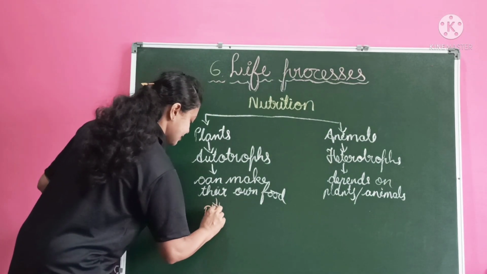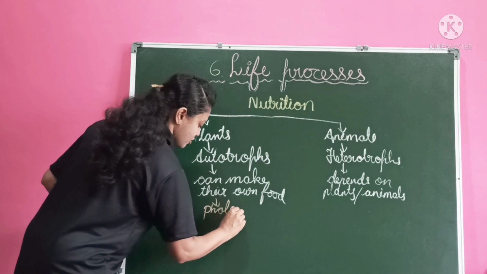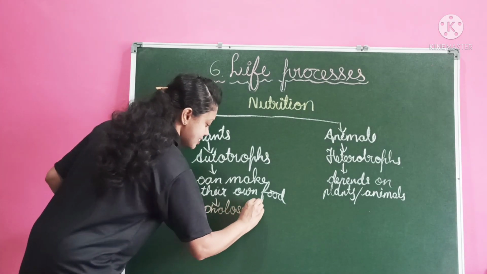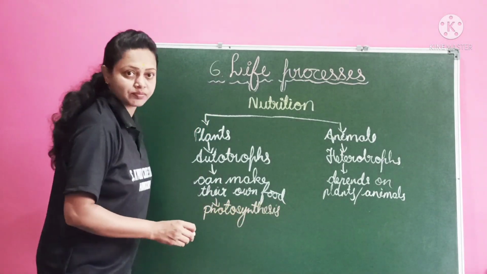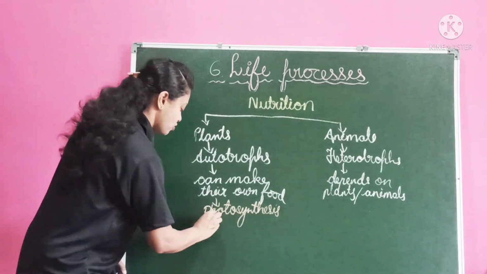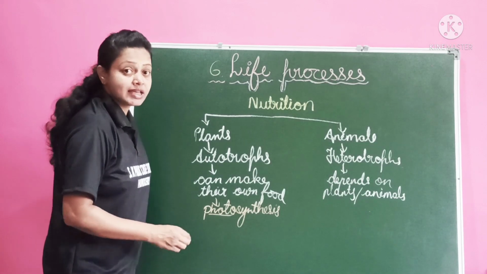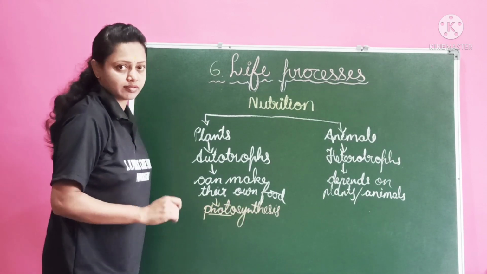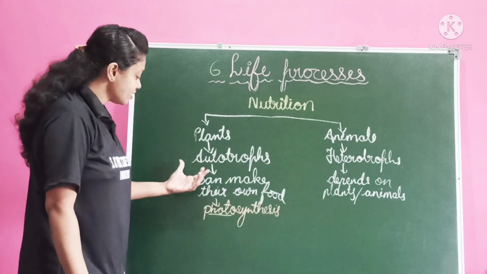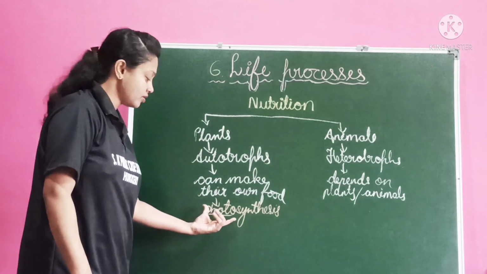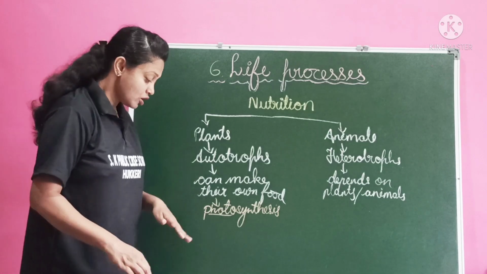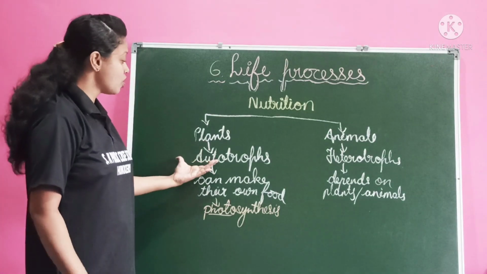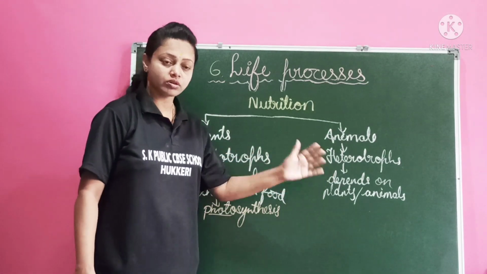In photosynthesis, they use all the raw materials and prepare their own food. Photo means light, synthesis means process. So plants prepare their own food with the help of photosynthesis.